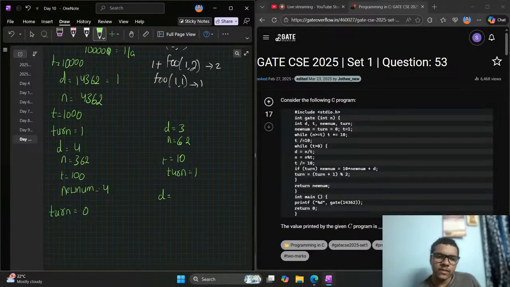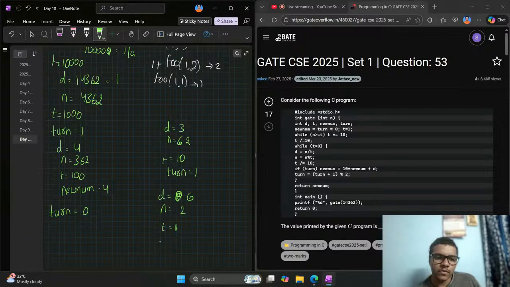So now D is 3 by T, that is 0, and N is N by T, sorry, so that is 6, that is 2, and T will be 1.